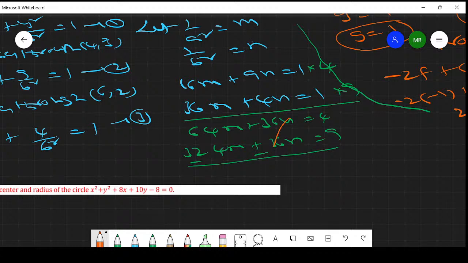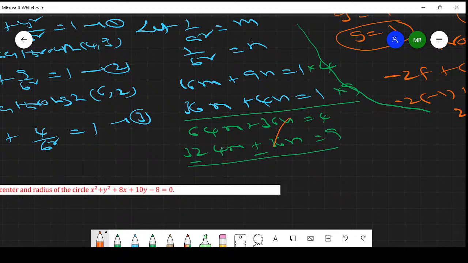Then what comes here? The value 324 minus 64. You can simplify this, 324 minus 64. Is it clear? It becomes 260.